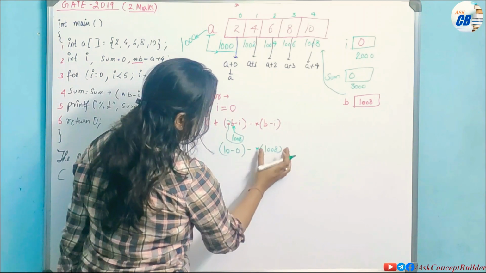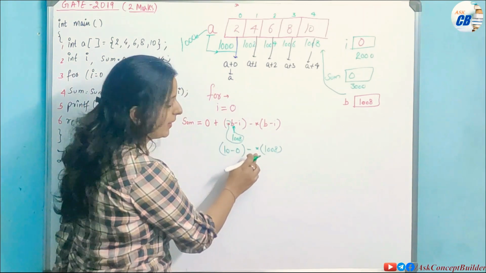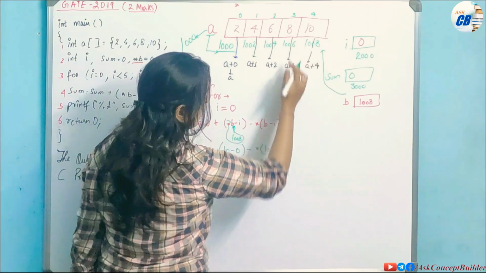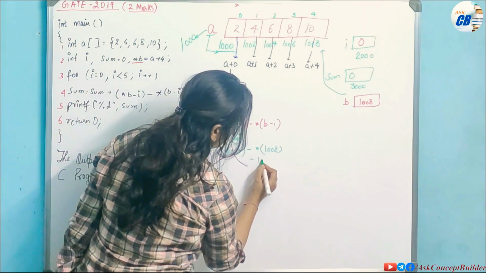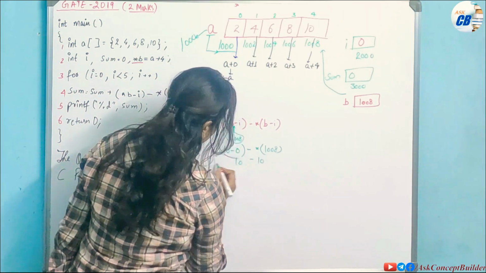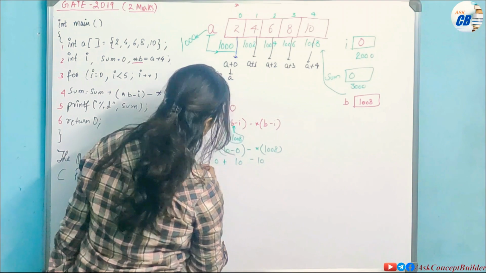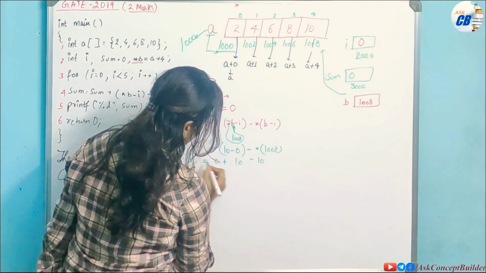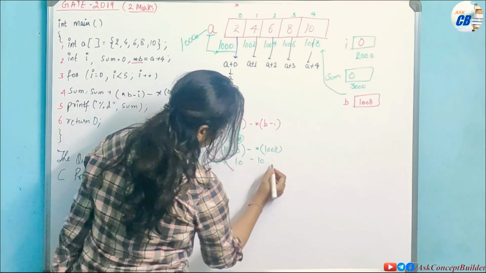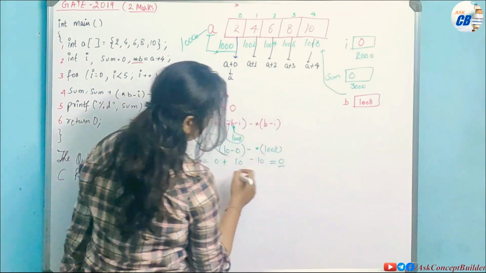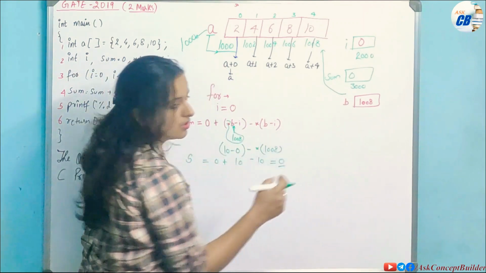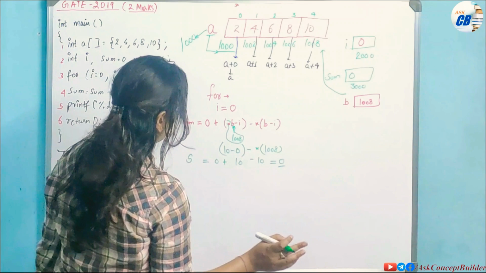Now the star will be applied after solving the bracket. So star of 1008 means the value at 1008, which is 10. So this is 10 minus 0 is 10, and this is 0 plus 10 minus 0. So sum has become 0, since 10 minus 0 is 10 and 10 minus 10 is 0. So after this first instruction the sum value is 0 only, it has not changed.